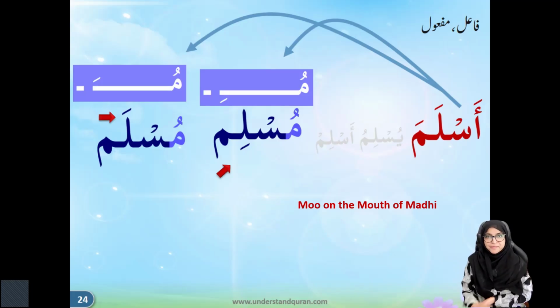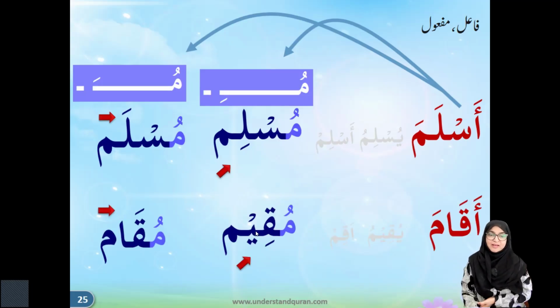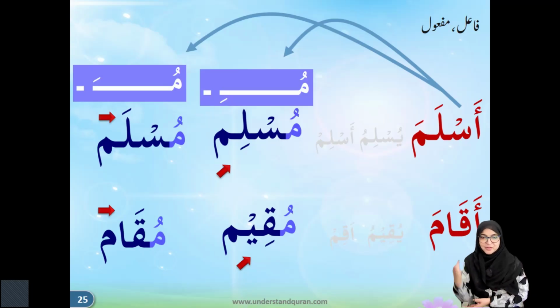Islam. So the way it is Muslim and Muslim, this we have already done. Now we are doing aqama. So aqama, yuqimu, aqim. So aqama, muqim, muqam.